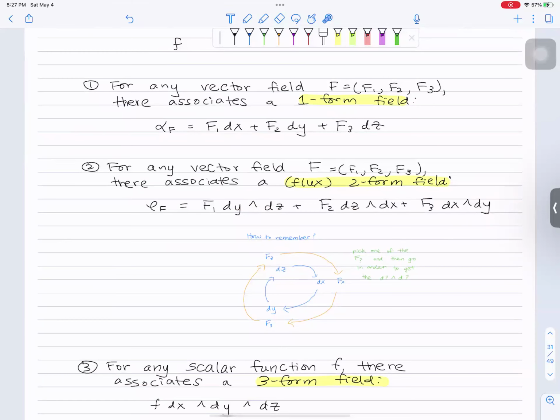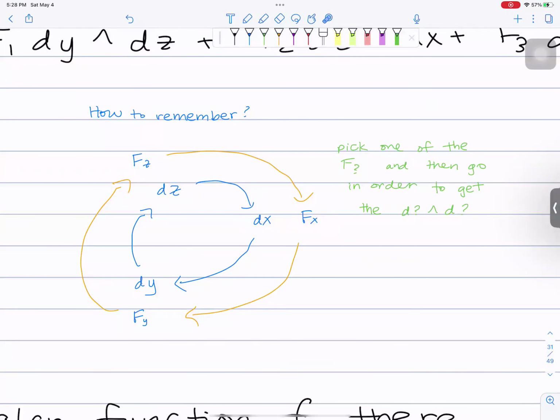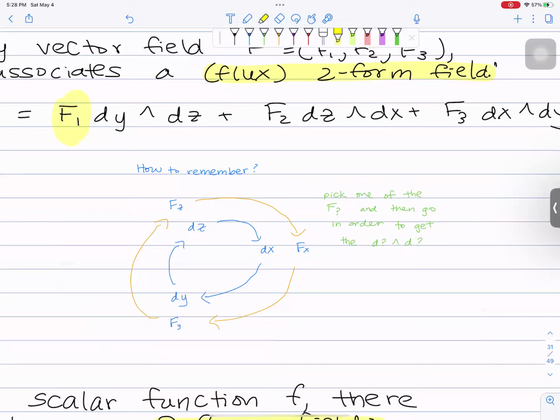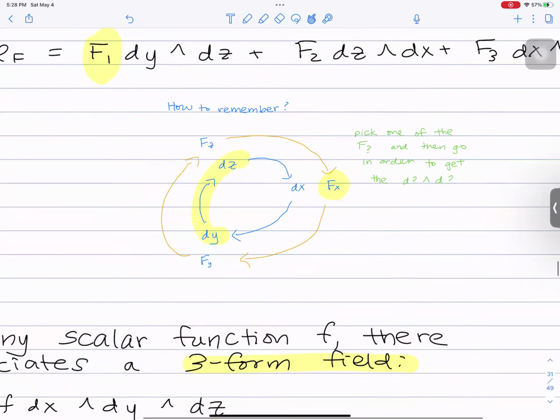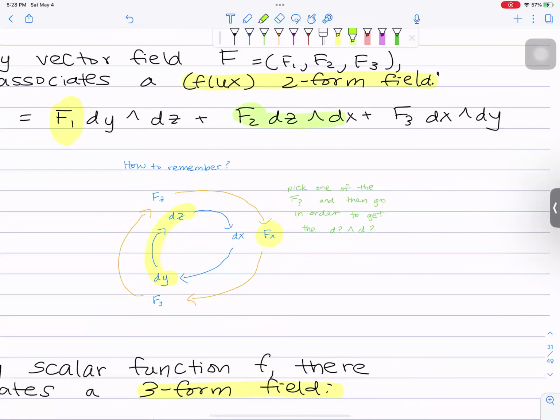How do I remember the correct order, by the way? I draw this diagram where I have the x's together, the y's, and the z's. The first component is f1, right? The first f_x. So I'm at the outer circle, and then I go inwards to get dy dz. That's the first thing. Then how do I get the second thing?